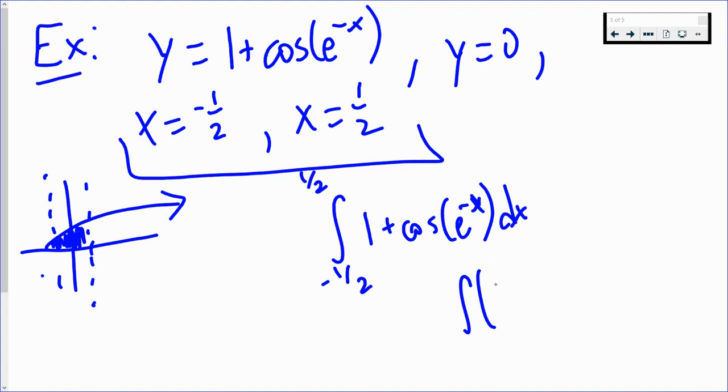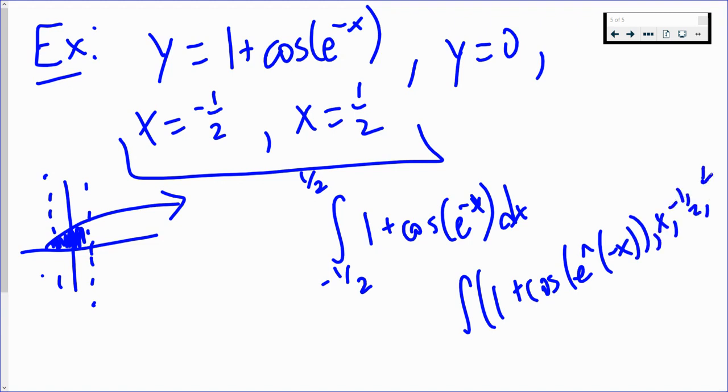If we plug in, hit again back in our home screen, F3. The second one is the integral, 1 plus cosine of e to the negative x. Close those parentheses, comma x, comma negative 1/2, comma 1/2. Close parentheses. That's going to find us that value of that integral.